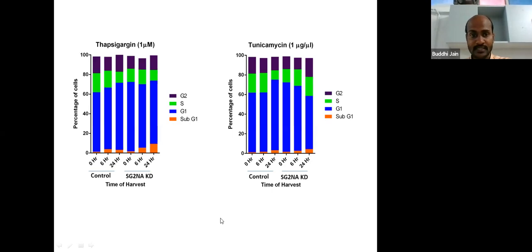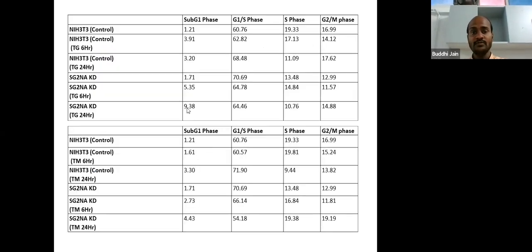So if we summarize these results, this is the summary. Like control cells at the 6 hour and 24 hours, and these many percentage of the cells are in the sub-G1 phase. These are the G1-S phase, and these are the S phase, and these are G2M phase.